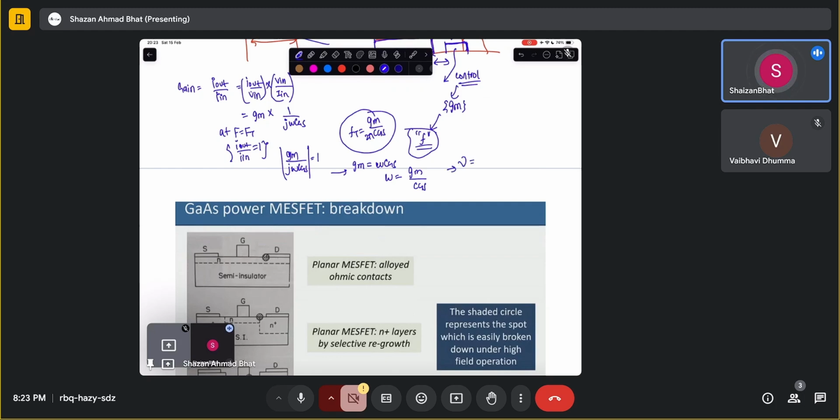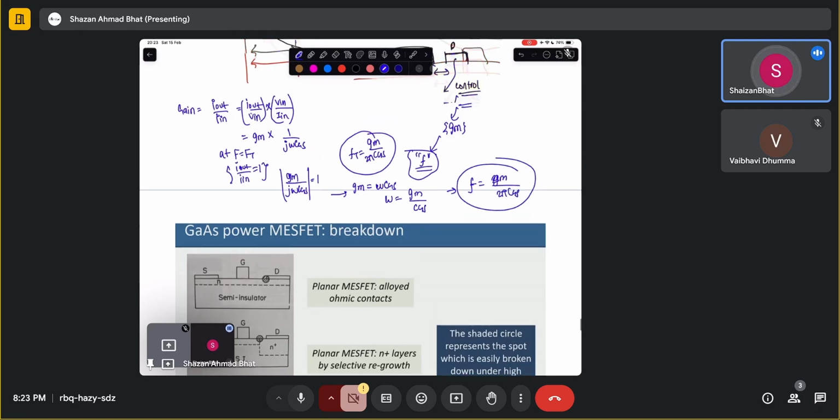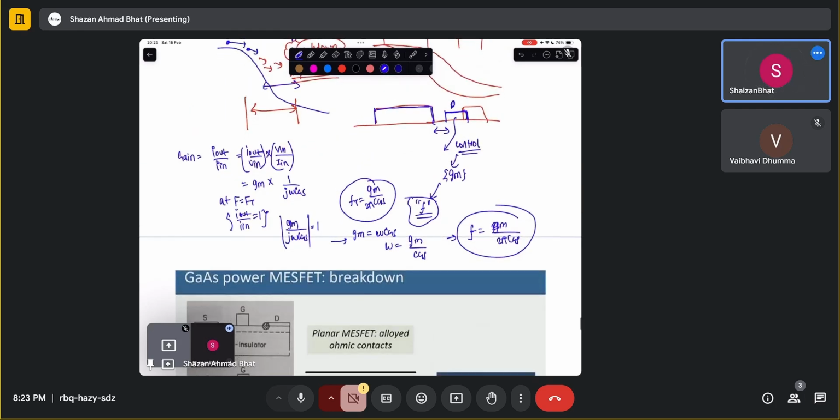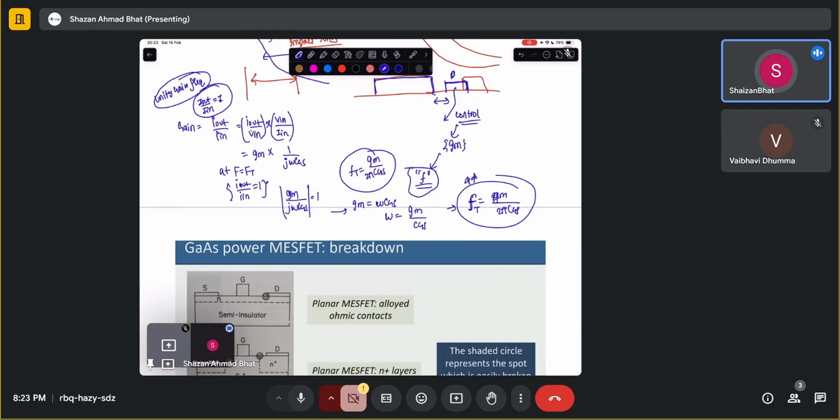That means frequency, not new, let me write F is Gm over 2 pi CGS. So that is where the derivation comes from. And it directly impacts the unity gain frequency. I sometimes call it unity gain frequency. I hope these are the same thing, because at this particular frequency, I in by I out equals unity. That means you have unity gain, and it's the current gain frequency.